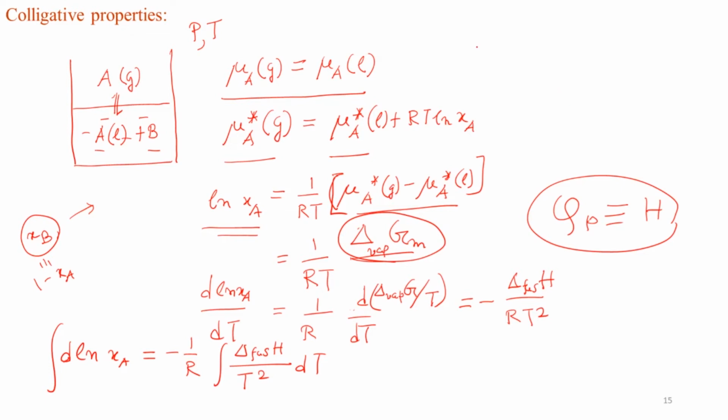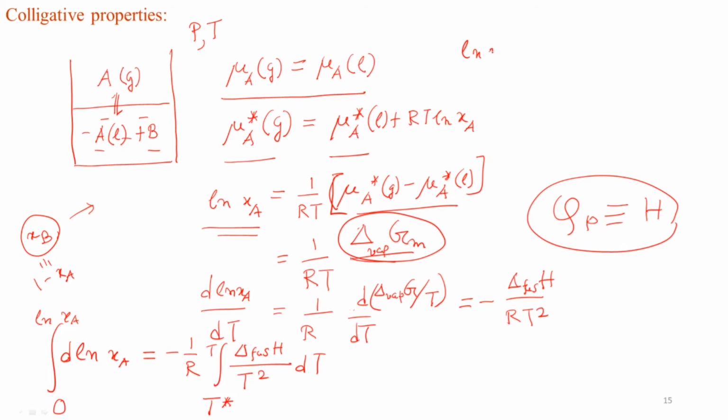If we take the lower limit of the integration to be when ln XA is 0, then think about it, XA must be equal to 1, which is the liquid in the pure form. Then the T is nothing but T star, the pure liquid's boiling point, and the upper limit, let's call it T, and ln XA.